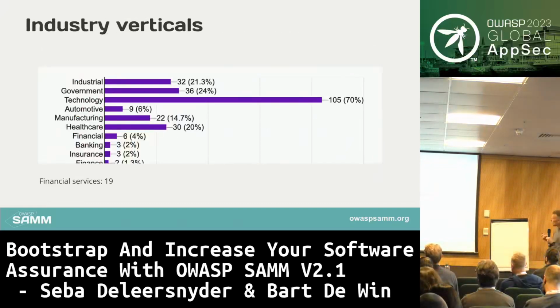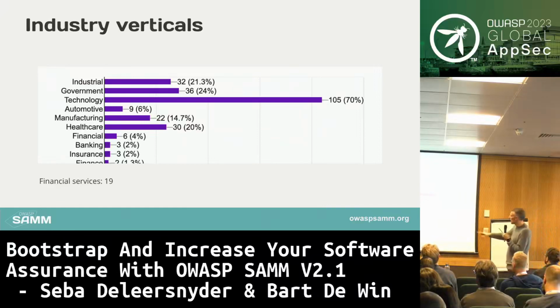If you look at industry, you see that a lot of industries score a bit similar. Only the technology industry stands out with a lot of usage. There is one thing to mention: we haven't clearly defined the financial services industry, because we would expect quite some usage there as well, since they're typically quite mature in terms of how they organize themselves in AppSec.